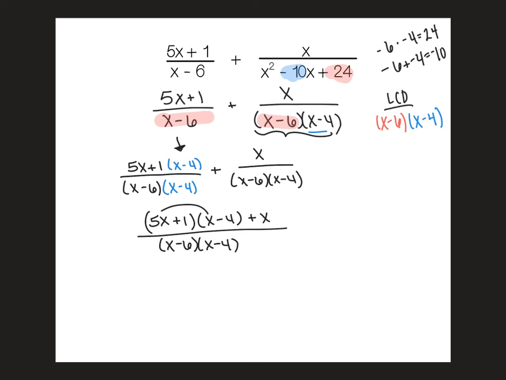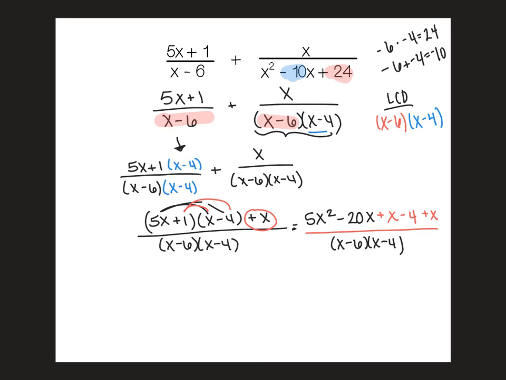I'll distribute the numerator. So 5x times x is 5x squared. 5x times negative 4 is negative 20x. 1 times x is 1x. 1 times negative 4 is negative 4. And I still have this plus x on the end. I want to combine any like terms.